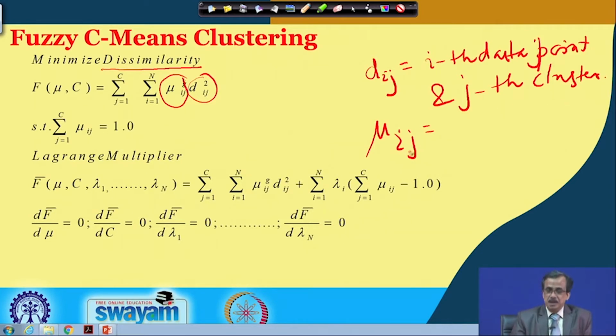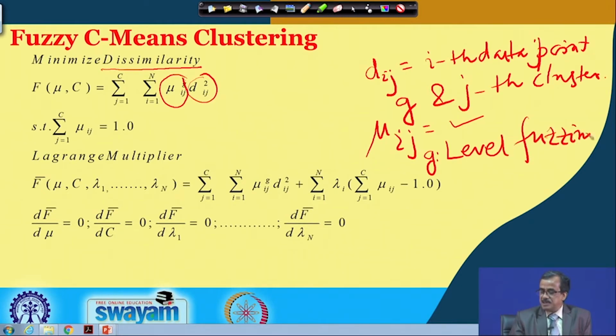Let me repeat, mu ij stands for the membership function value for the ith data point with respect to the jth cluster center, and here we put mu ij raised to the power g, and this g is nothing but the level of fuzziness. Now, if you remember, we discussed the power of a fuzzy set. So, this is almost similar to the power of the fuzzy set.